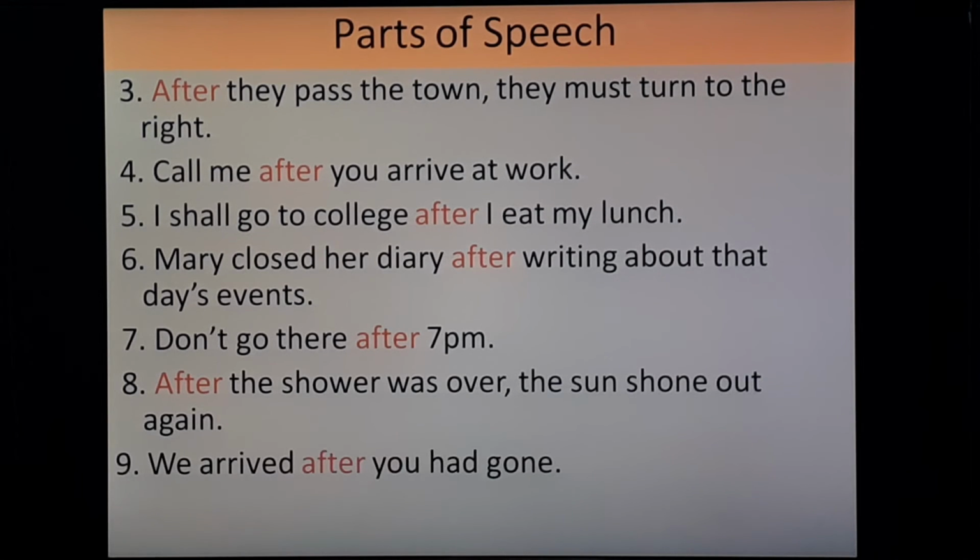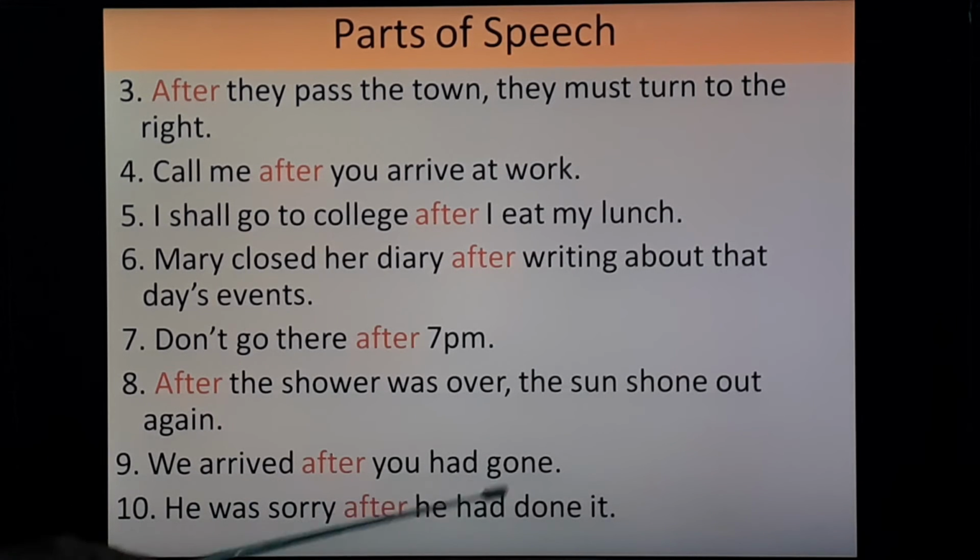We arrived after you had gone. He was sorry after he had done it. So here he was sorry, main clause, or you can say principal clause. Here after, that is the subordinating conjunction, and he had done it, that is the subordinate clause.